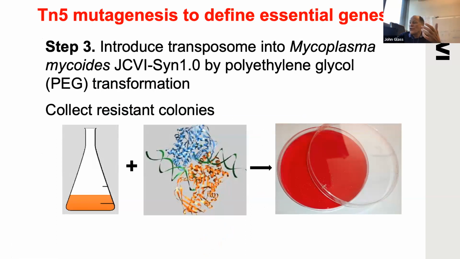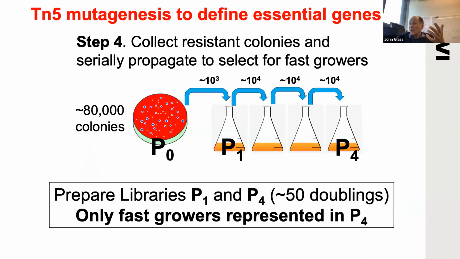Then we introduce this transpososome complex into a culture of Mycoplasma mycoides Syn3.0, the genome that is almost identical to wild type that we first synthesized, by polyethylene glycol transformation. And we collect colonies. The first set of colonies is P0, passage 0. There are about 80,000 colonies.